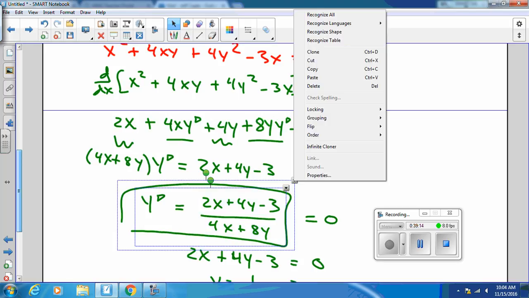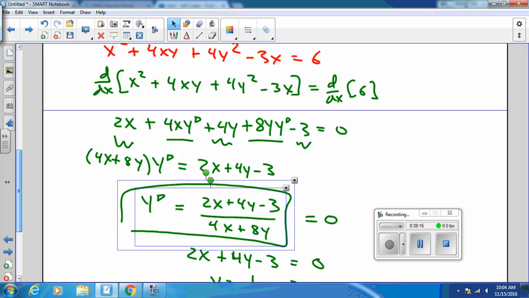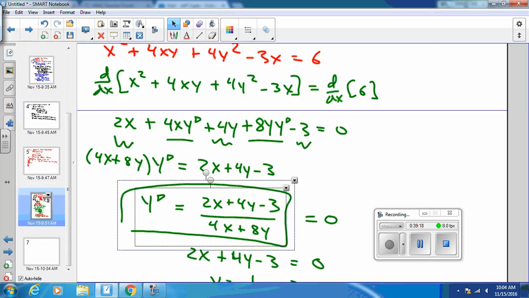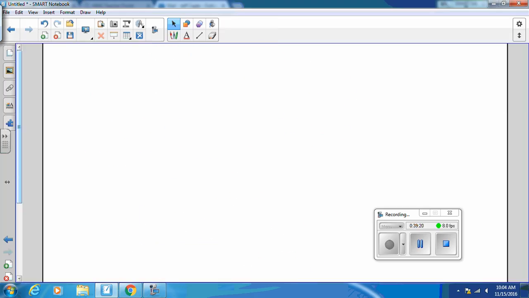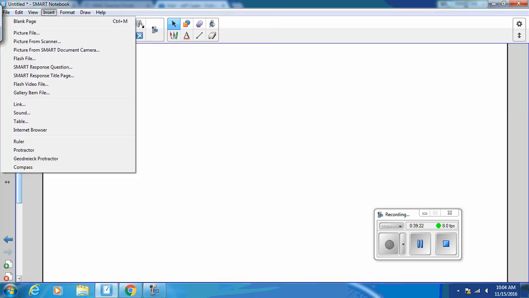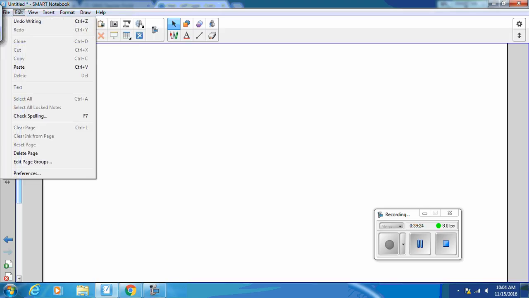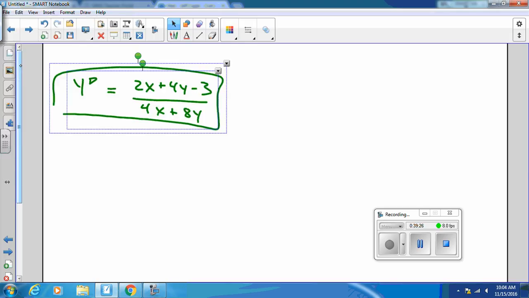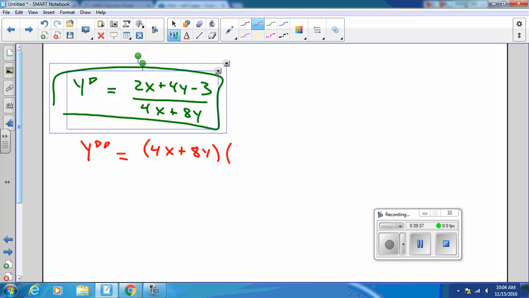Going to our second page, let me just copy y prime over from the previous page. There. Okay. So y double prime then will be the derivative of this guy.